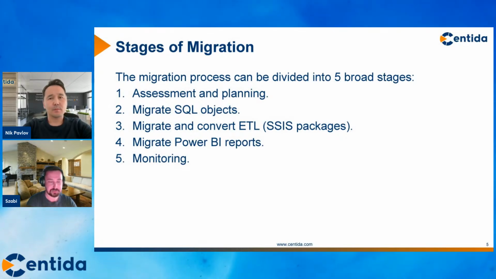How do we do that? What kind of objects, what kind of territories do we need to consider when we have a migration, especially with BI environments? Of course, you have SQL databases, SQL warehouses, because that environment is going to serve the data for your semantic models, for your BI environments.